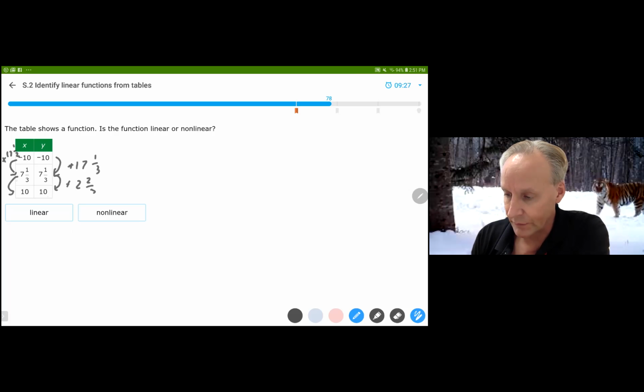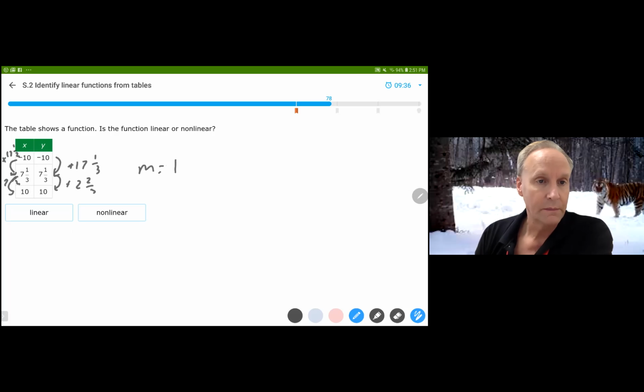And to go from 7 1/3 to 10, I go up 2 2/3, and the slope is equal to 1. By the way, the equation for this is y equals x.